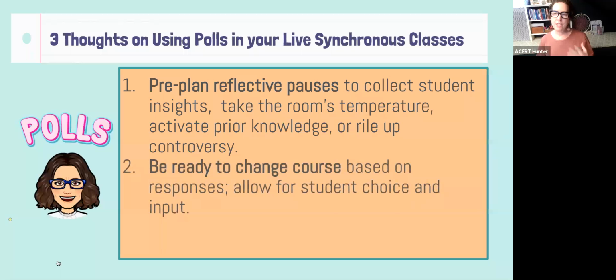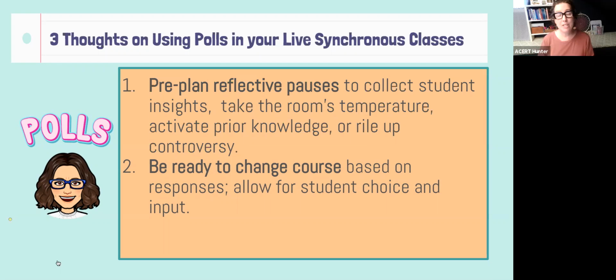Also, be ready to change course based on poll responses. So you might want to sometimes allow for some student choice or input. Let's say it's a moment where you want to review some things from last session. If you give a poll where students can choose what topics they want a little more clarification on, you don't really need to prepare anything. You'll be able to respond, and you can see what students mostly want to hear about.